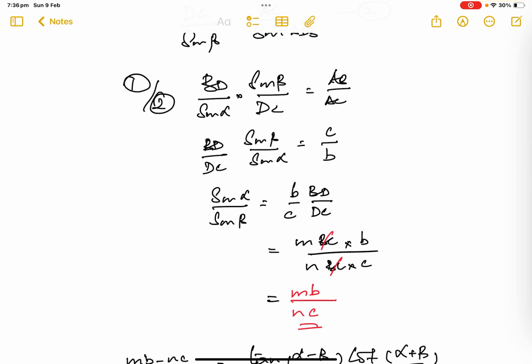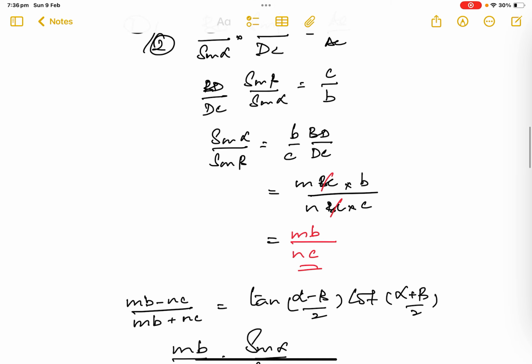So that's c over b. Then cross multiplication, sine alpha over sine beta equals b over c times BD over DC.